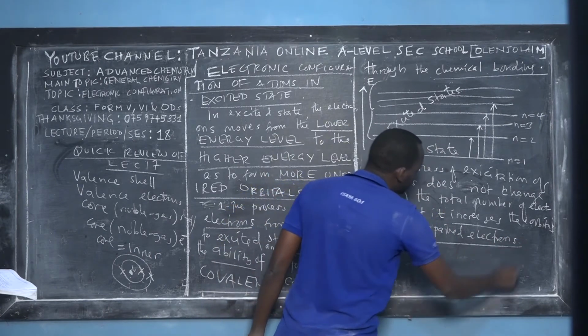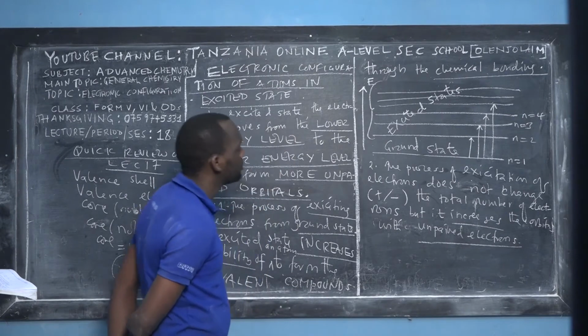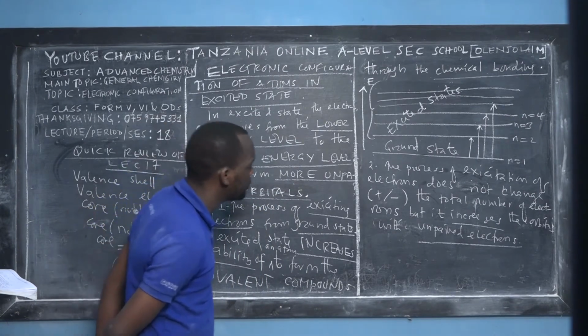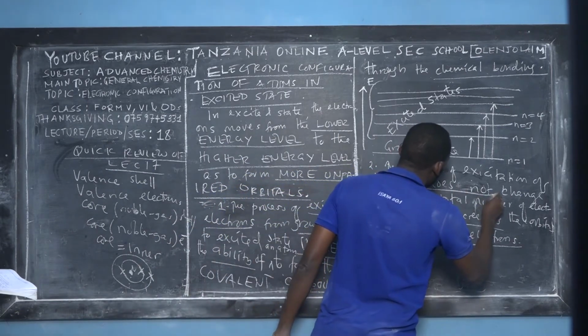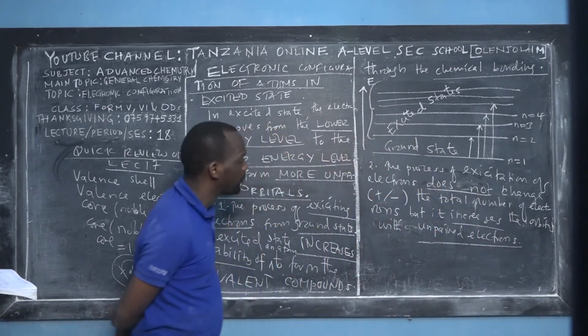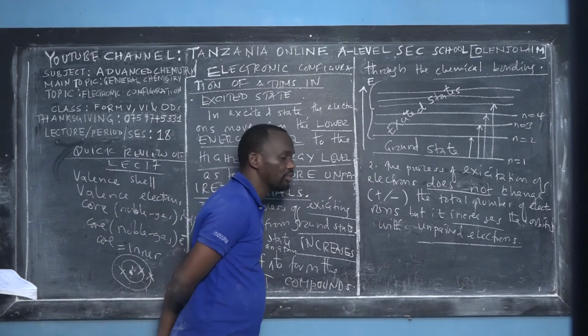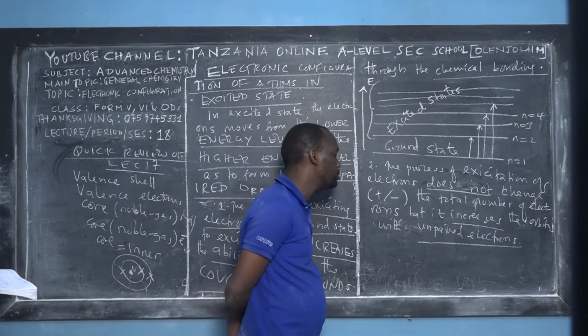So that's what you have to know about excitation of electrons. It does not change the total number of electrons, but increases the orbitals with unpaired electrons. And I will show you what they mean.